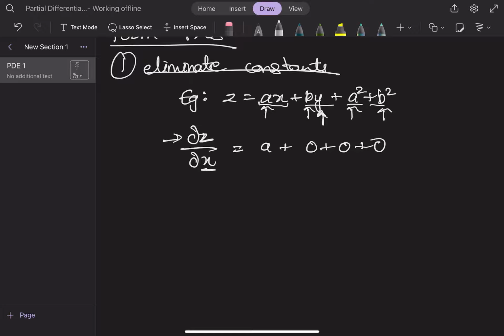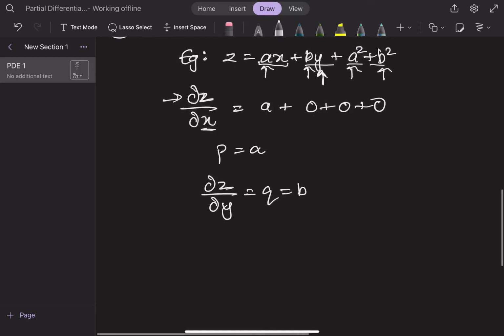So del z by del x, which is p, becomes a. Similarly, del z by del y, which is q, becomes b. So now you can replace a with p and b with q. So your z becomes px plus qy plus p square plus q square.